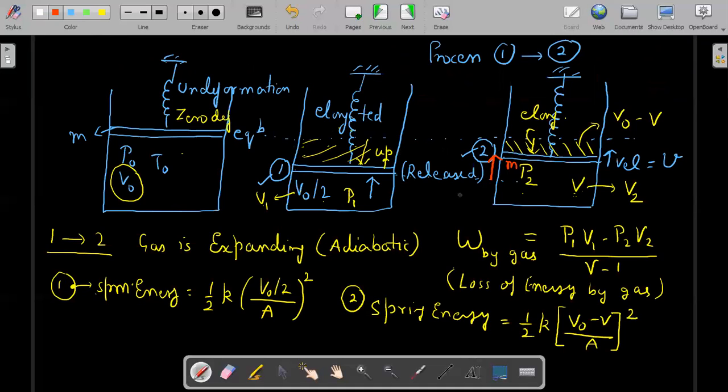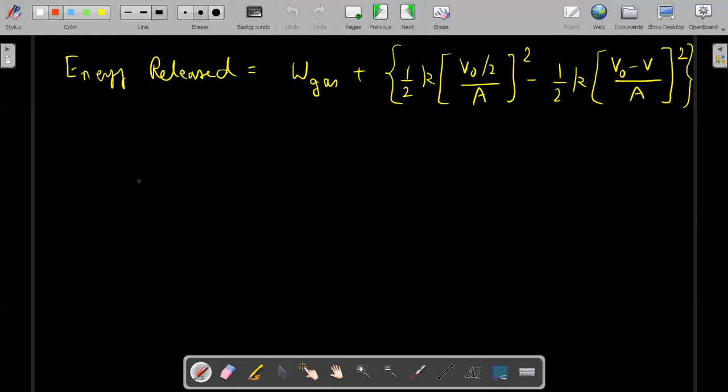How much energy the piston has gained in the form of gravitational potential energy? Well, so energy gain in the form of gravitational potential energy will be mg, and the displacement.